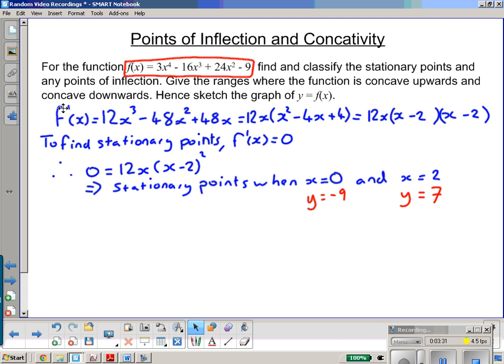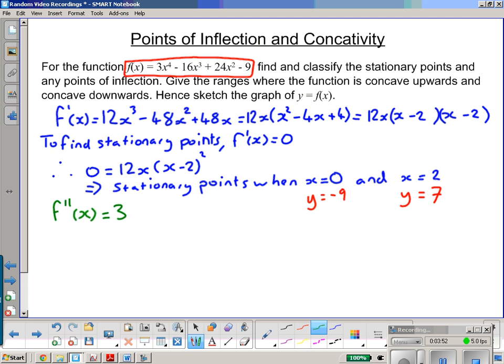Now to classify, we need f double dashed of x. So f double dashed of x, remember, is equal to the derivative of f dashed of x. So that's what we had up above for f dashed of x.